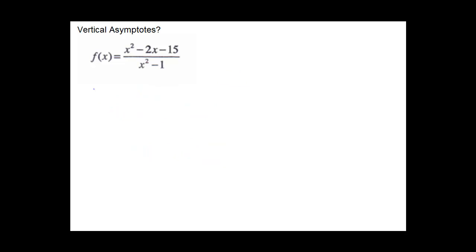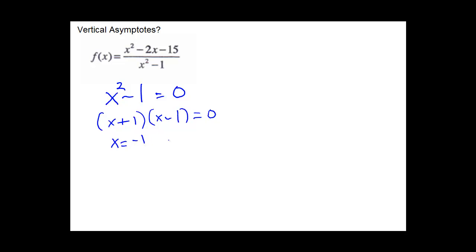Next, we'll look for vertical asymptotes, and remember, you look at the denominator. So we want to know, when is the denominator 0? And this is a difference of squares. So at x equals -1 and x equals +1, we have vertical asymptotes.